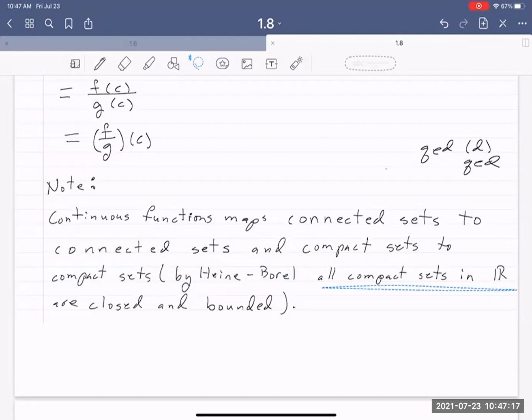Note that on the real line, a compact set is equivalent to a set that's closed and bounded, a closed and bounded interval. So continuous functions map closed and bounded intervals to closed and bounded intervals.